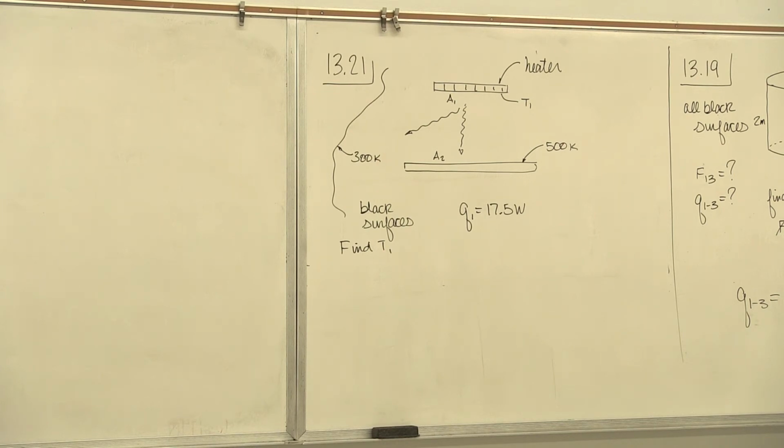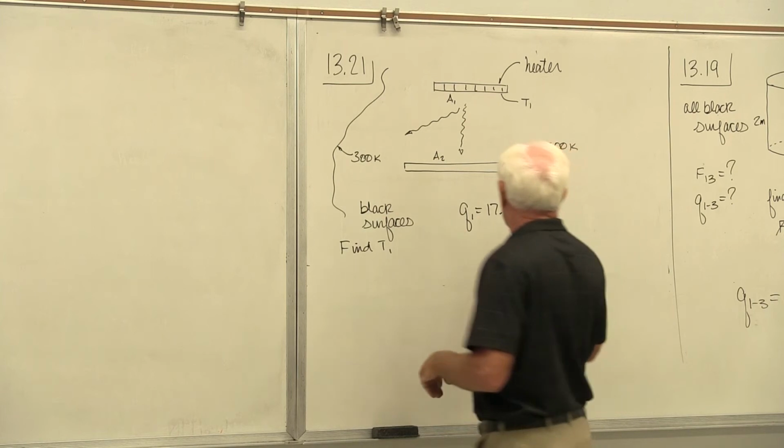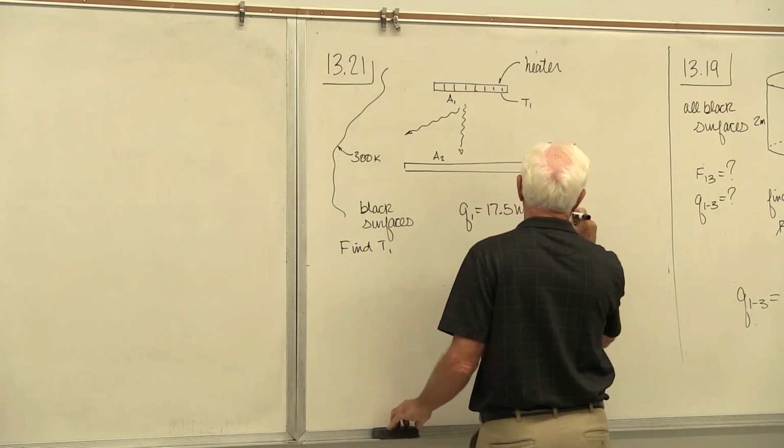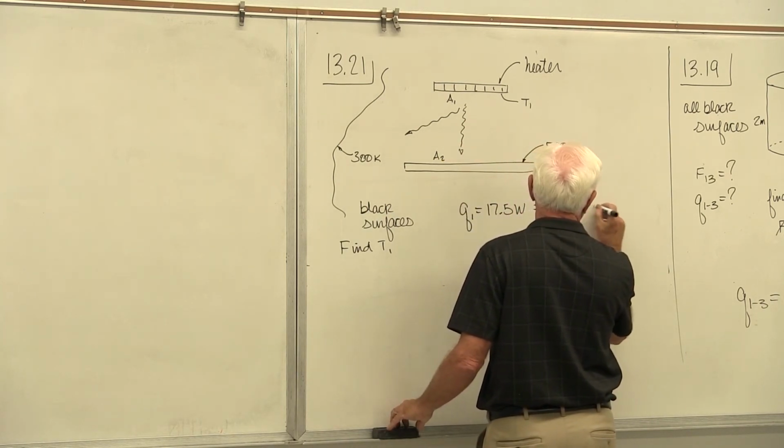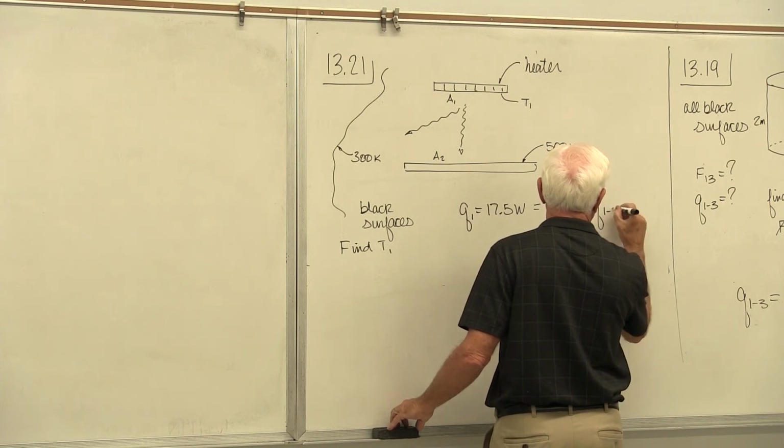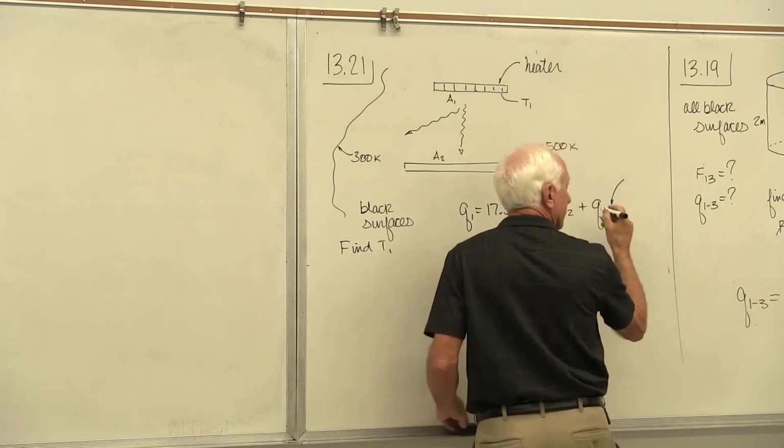Where does that heat then go that leaves A1? Some goes to A2, the bottom, and some gets out the sides to the surfaces around it. A3. You can call the surroundings that. So it's equal to Q1,2 plus Q1,3, where 3 is the surroundings.